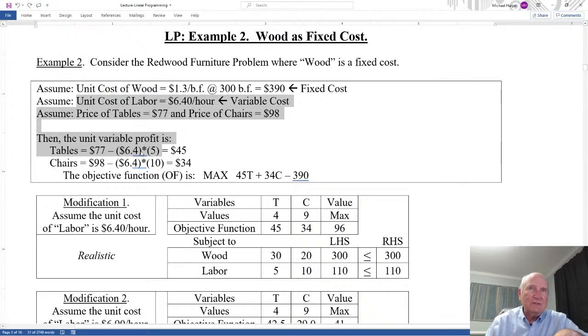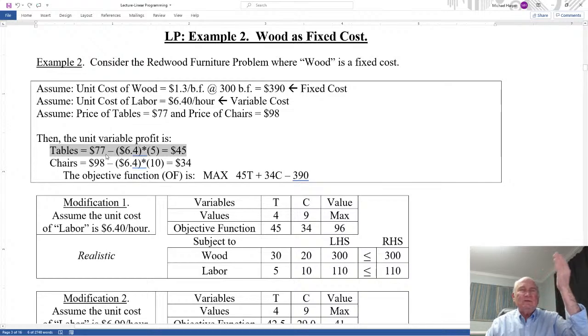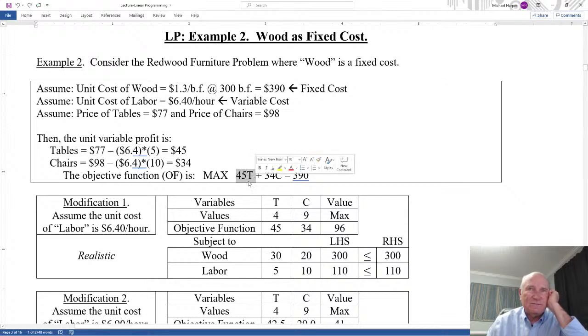That's my wage. So for every table I make, I get $77 of revenue, I have a variable cost of 5 times 6.4, and my variable profit is 45. That 45 then, that's in my objective function, 45 times T.